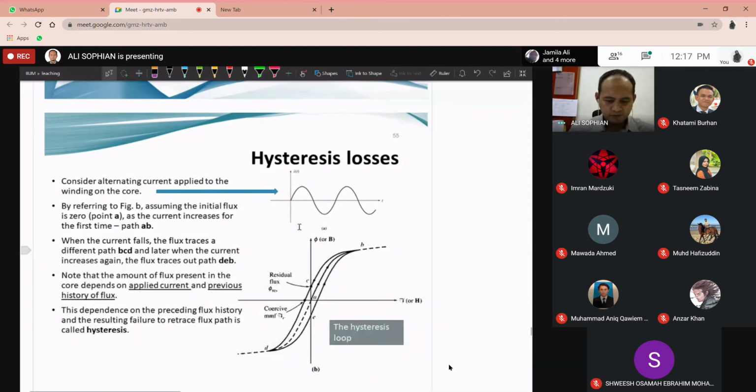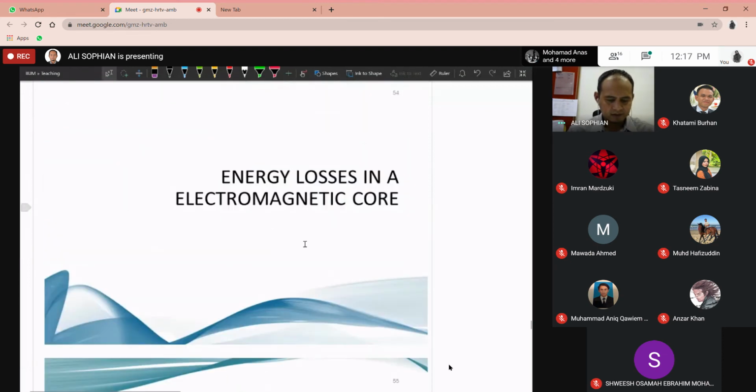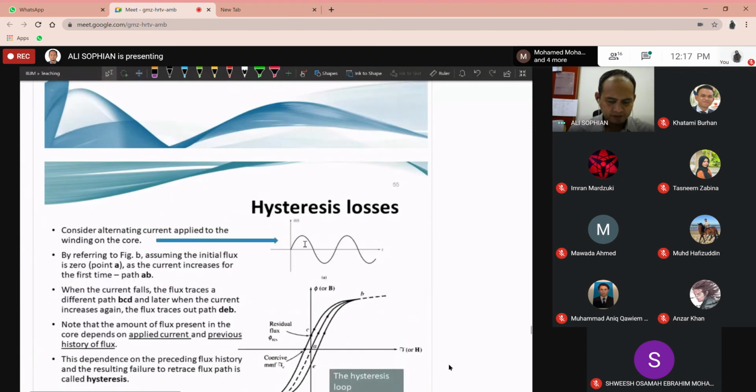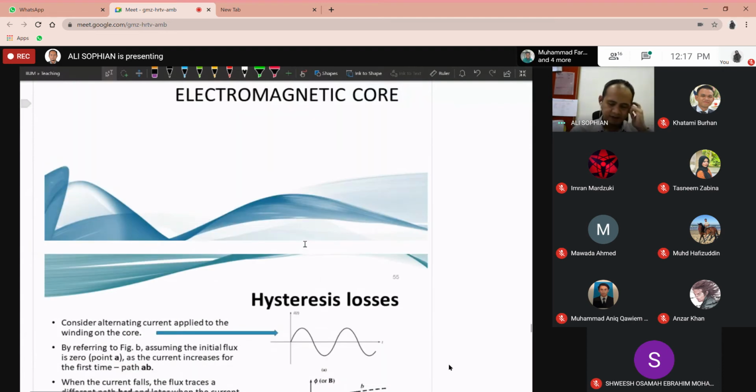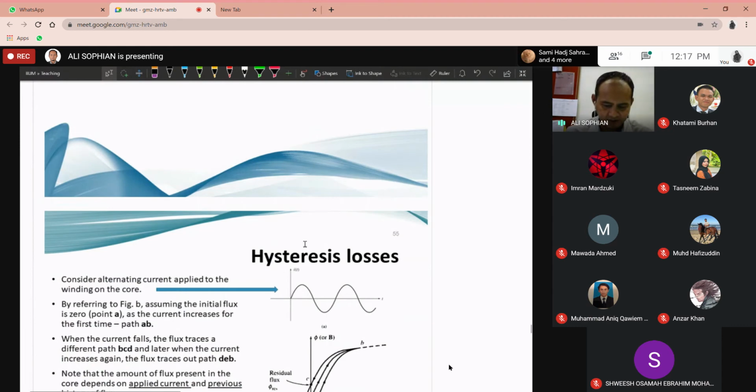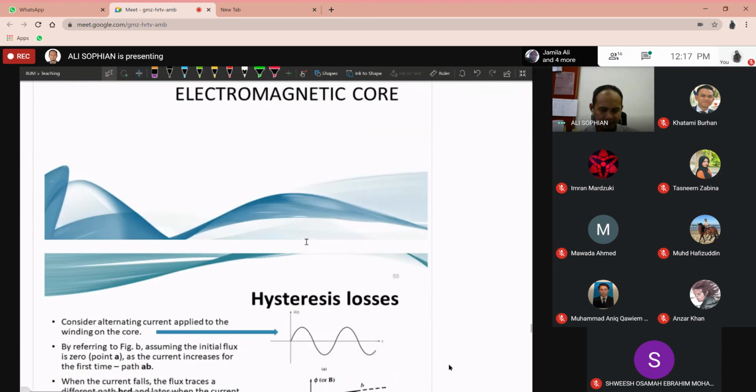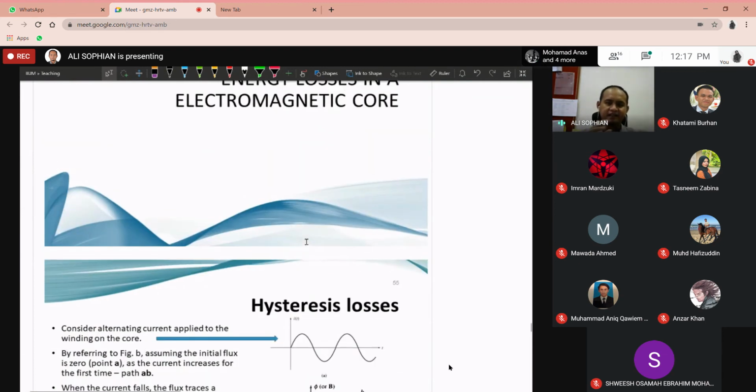Right. A few slides on the losses in ferromagnetic core. So there are two types of losses here that we are going to discuss on this topic. The first one is hysteresis losses, and the second one later on will be eddy current losses. Both of these losses are happening inside the core.